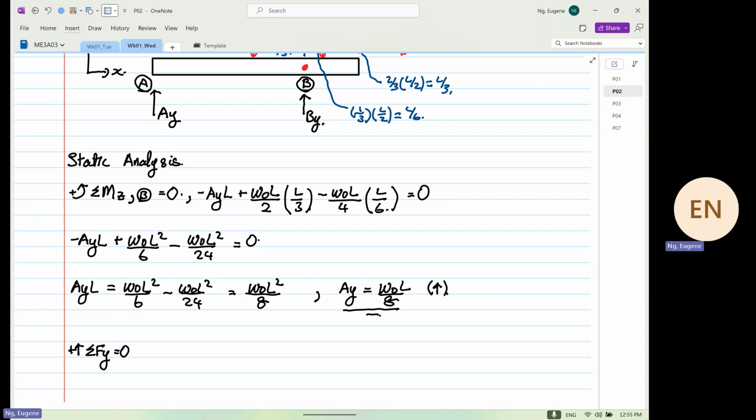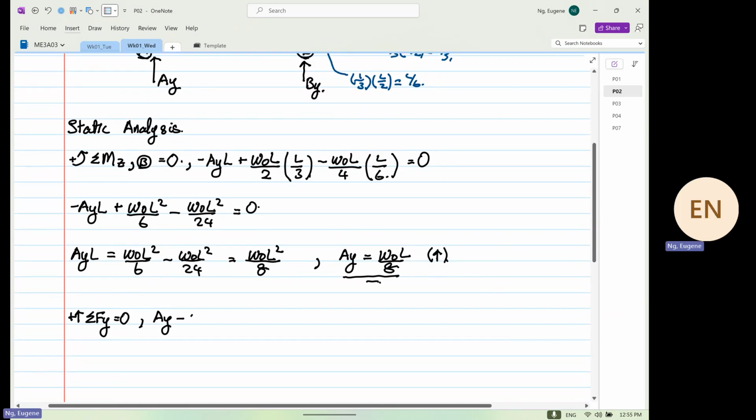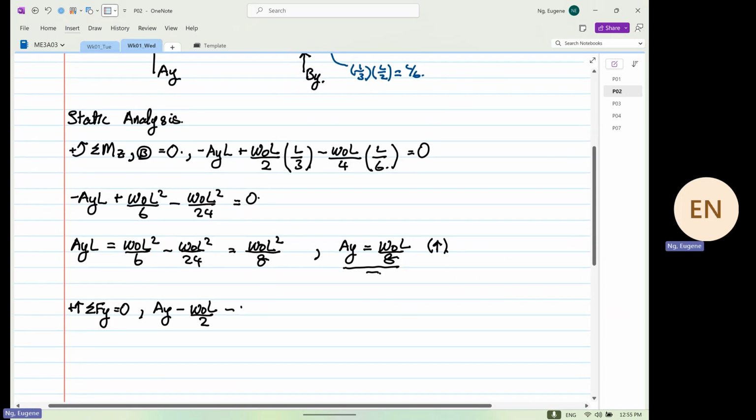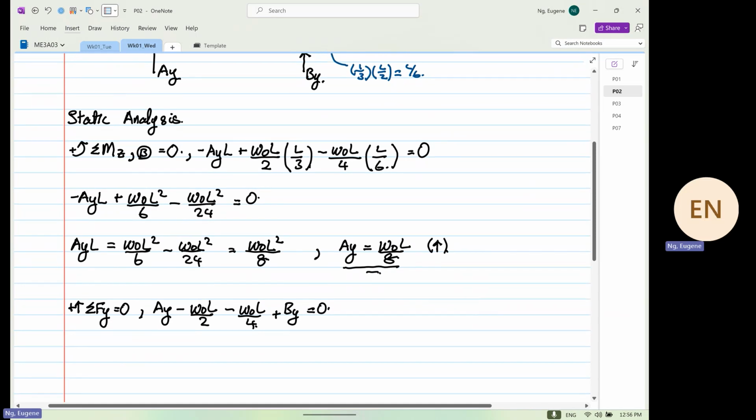So from here, we will have AY minus omega naught L over 2, minus omega naught L over 4, and then plus BY, the whole thing will be equal to 0.